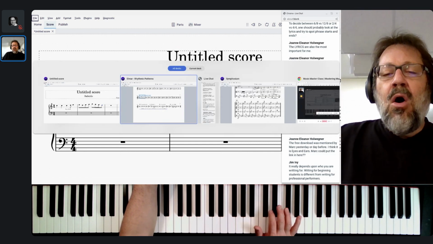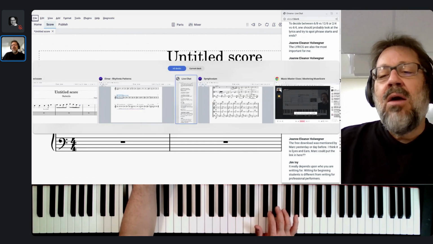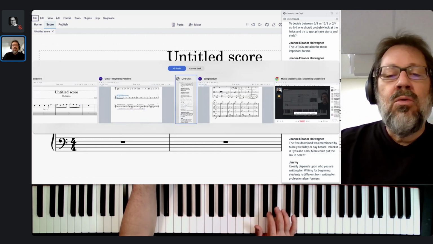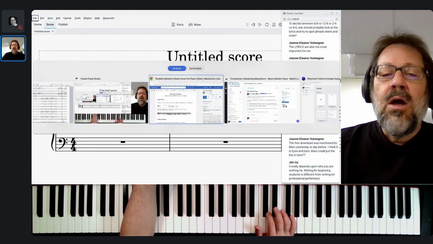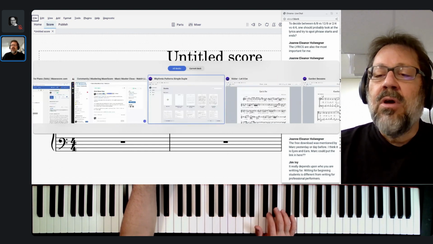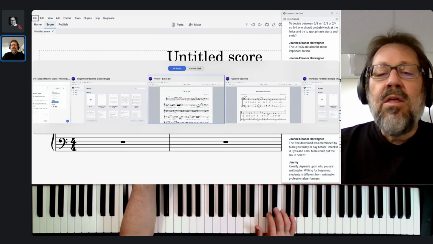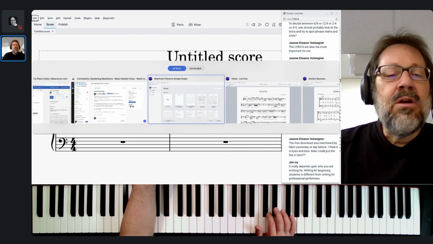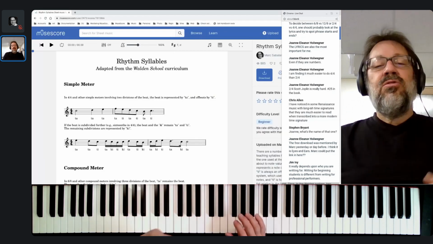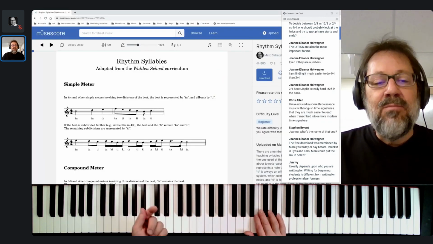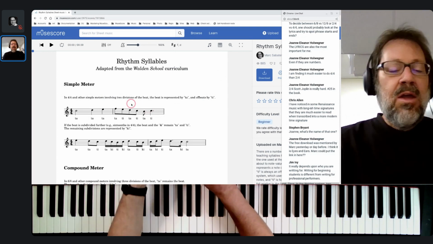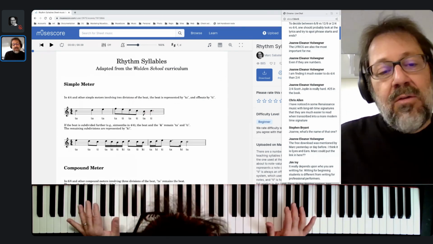So all of that said, now I want to jump into something a little different. First of all, I want to make sure that I cover what I want to cover. One of the things that I do want to talk about is these rhythm syllables. I mentioned all the different systems that are out there, and people have posted stuff about their favorites. And yeah, there's no perfect system.